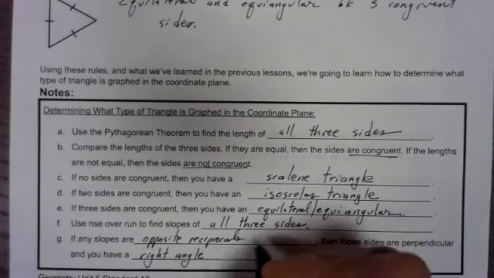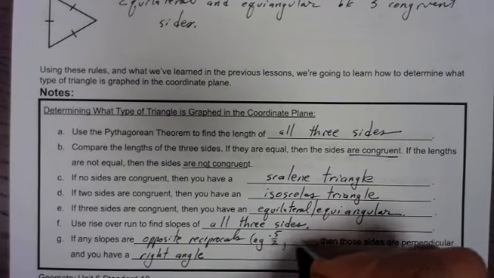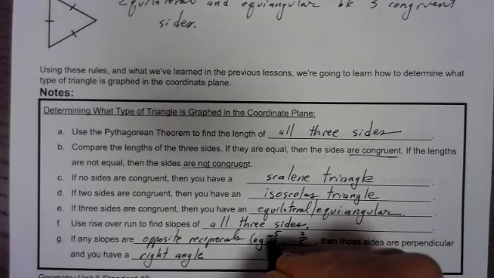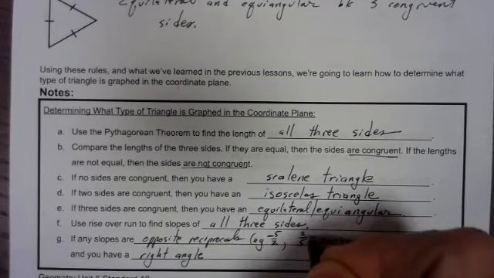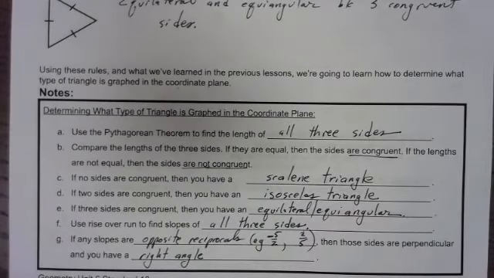For example, we could have -5/2, and the opposite reciprocal of that would be flipped, so 2/5, and it would have an opposite sign. So if this is negative, then this one would have to be positive. So these are examples of perpendicular slopes.